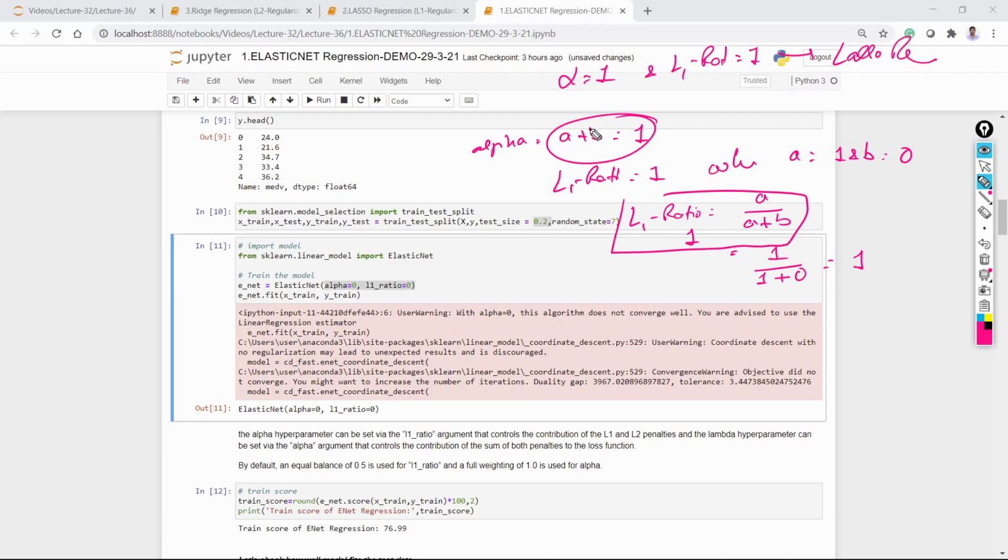So the elastic net will work like lasso at alpha equal to 1 and L1 ratio equal to 1. In this situation, the values you get in elastic net will also be obtained in the lasso regression. Now we will check it.